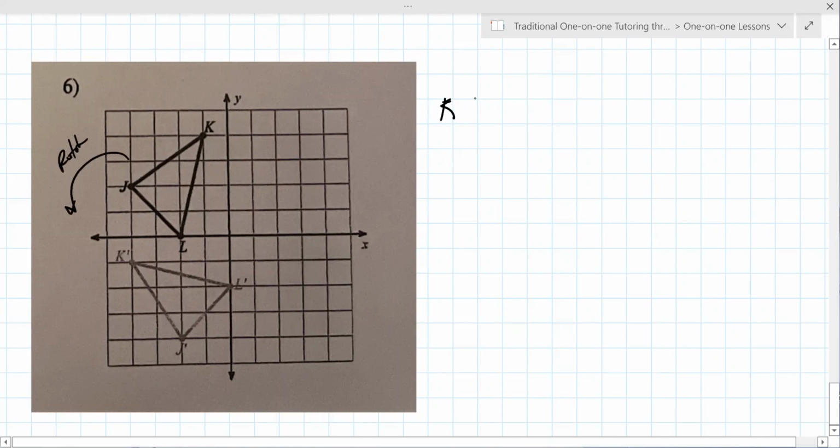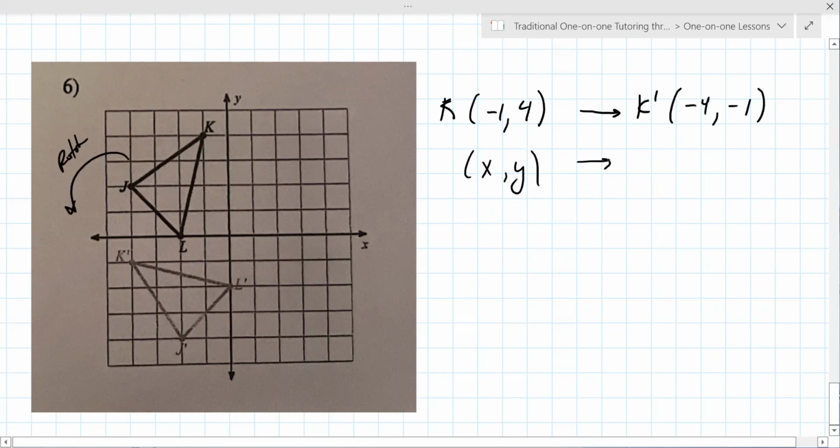So K is (-1, 4), and K prime is (-4, -1). That checks out with our 90 degrees counterclockwise rotation. The x goes into the y position, and then the x position is the negative of the y value.